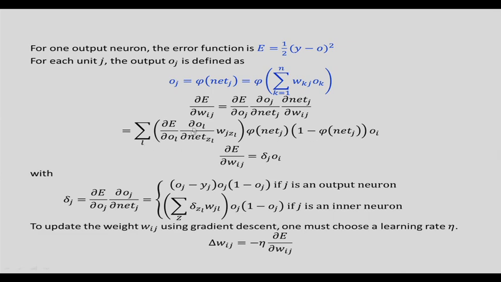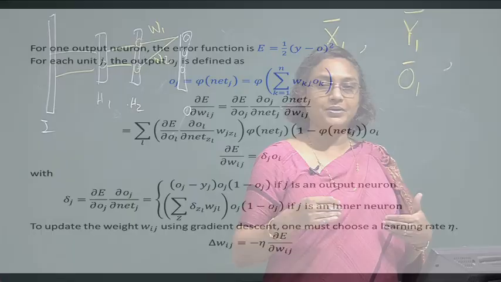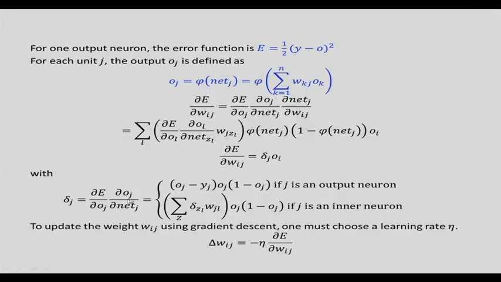Simplifying, we find that del E by del wij is delta j Oi, where this quantity is called delta j. The detailed derivation we have done in the last class. Delta j comes from the nodes of the next layer; the errors in the next layer are backpropagated to the previous layer.